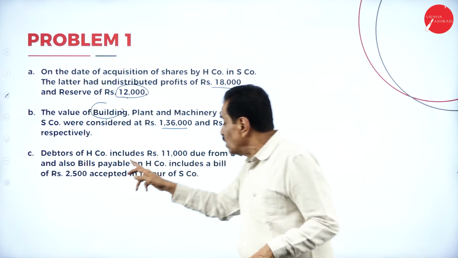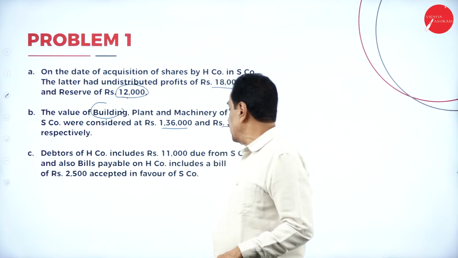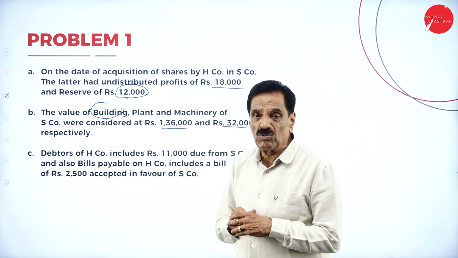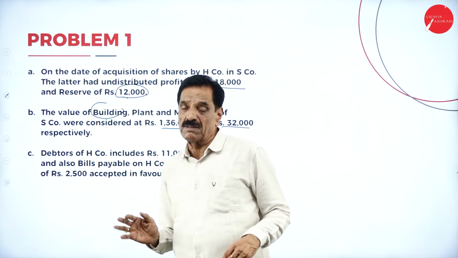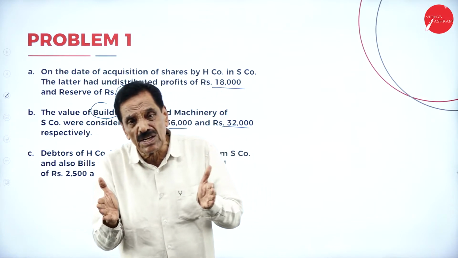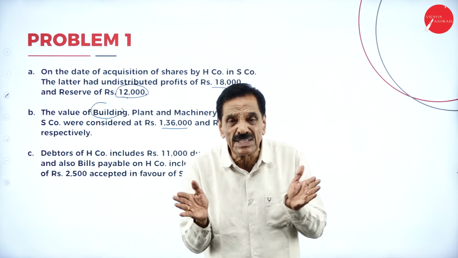Also, bills payable of H company includes a bill accepted in favor of S company. So H company has to pay 2,500 in bills payable. When they are consolidating, the question of bills receivable and bills payable does not arise at all. It is a mutual adjustment.